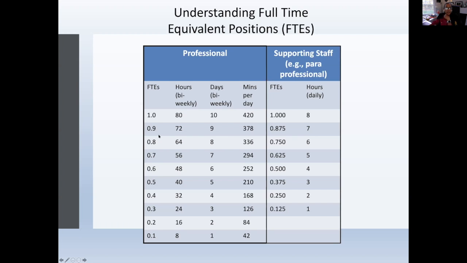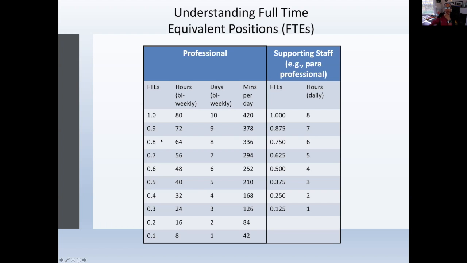If you are going down the line, let's go to a 0.9. You're not full-time. If you're 0.9, and that can happen, then you're working 72 hours biweekly, and you have 9 days you're working within that 2-week period. Your minutes per day would equate to 378.